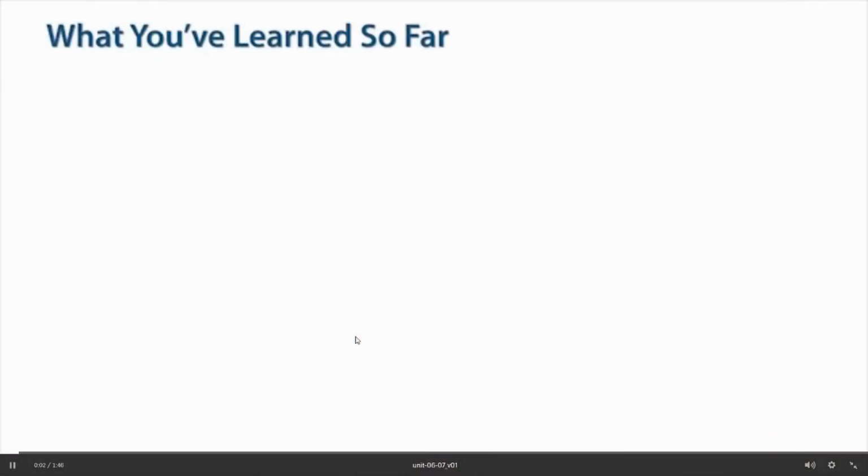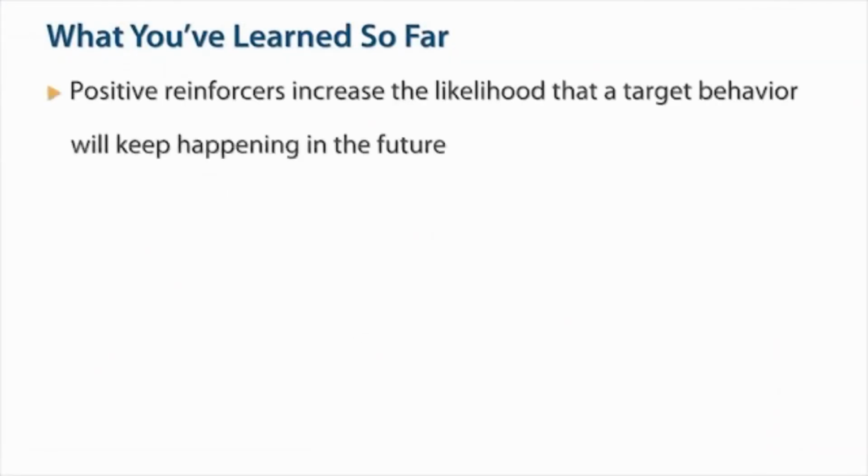Well, let's review what you've learned in this unit. To increase the likelihood that the target behavior will occur again, we provide positive reinforcers to the student after the behavior or skill is performed correctly, that is, according to our operational definition.